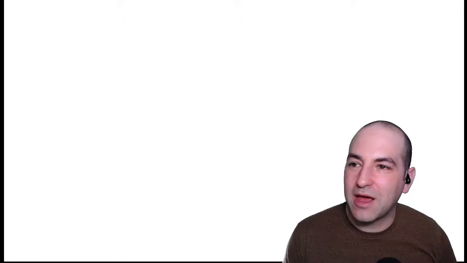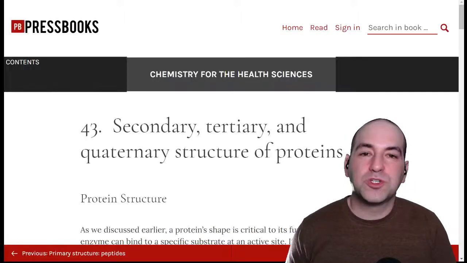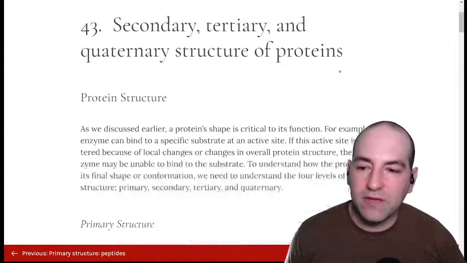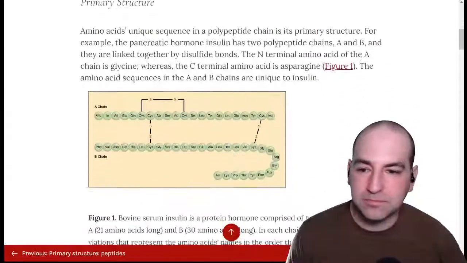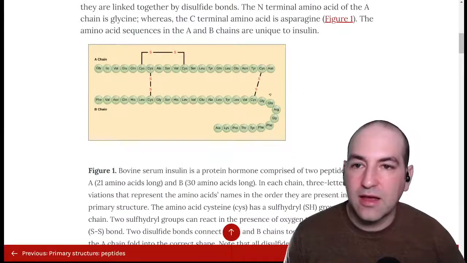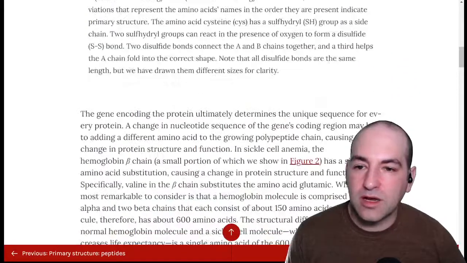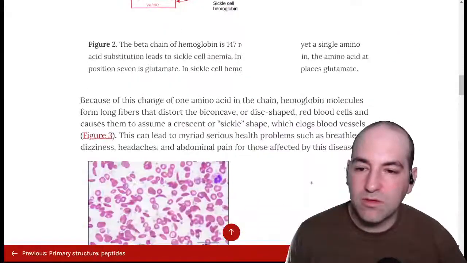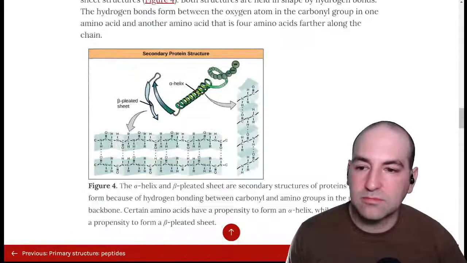Maybe that helps. Well, while we're waiting on that, the secondary structure: there are two major parts of the secondary structure, alpha helix and beta sheet. So as these things start connecting together, you get this.